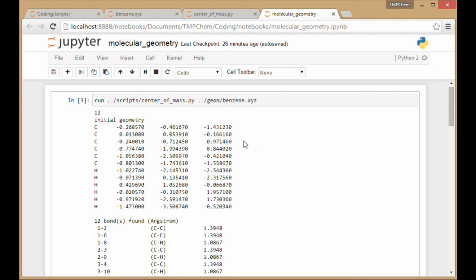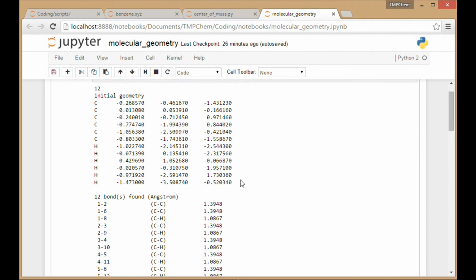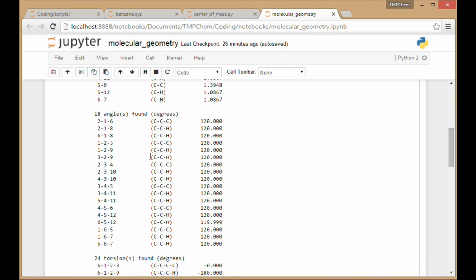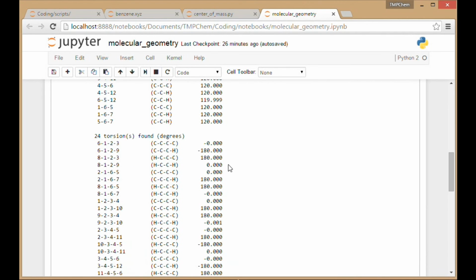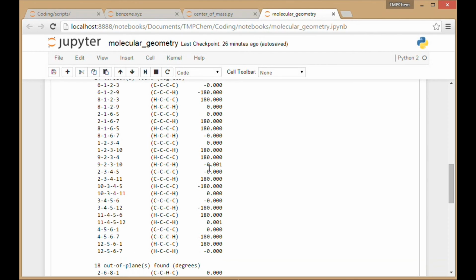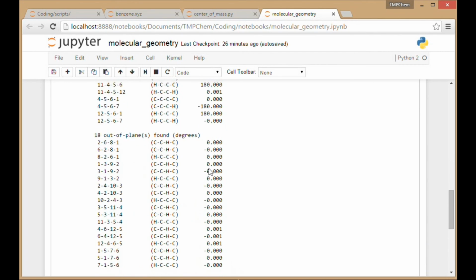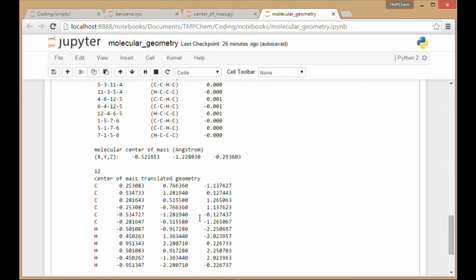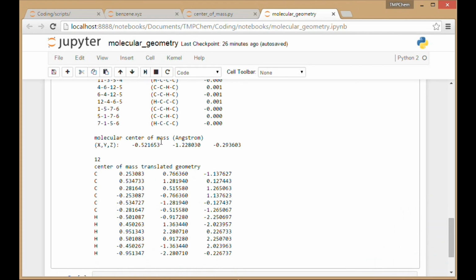Links in the description. We have the initial geometry, 12 bonds in angstroms, 18 bond angles in degrees, 24 torsion angles, all either -180, 180, or 0 because it's a planar molecule. All the out-of-plane angles are pretty much 0, except for a little numerical noise. Then we have our center of mass in angstroms, XYZ coordinates.